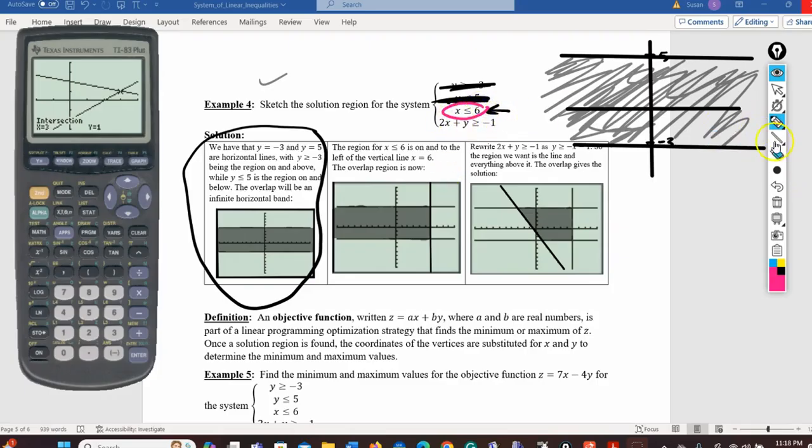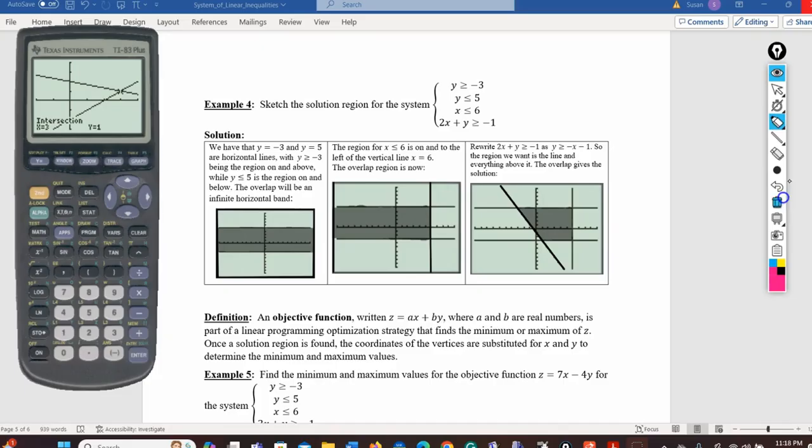So x equals 6 is a vertical line that goes through 6, and I want everything on the line and to the left. So when I overlap the black and the red region, I'm going to get this. So now what you see there is those three incorporated.